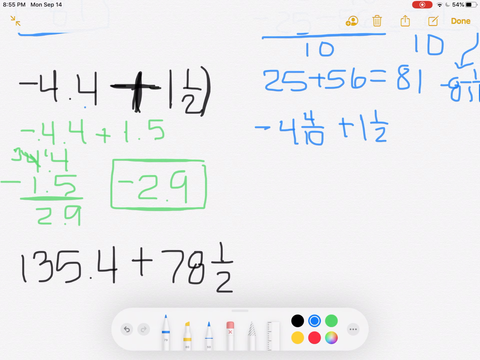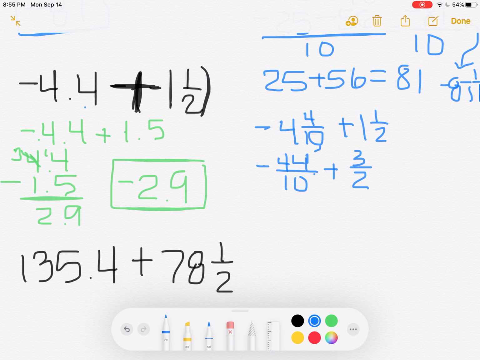Now I have to convert these to improper fractions. So I have 10 times 4 is 40 plus the 4, I get 44/10. Plus 1.5, we have 3/2. Now these have to have a common denominator. So I need to rewrite 3/2 with a denominator of 10.